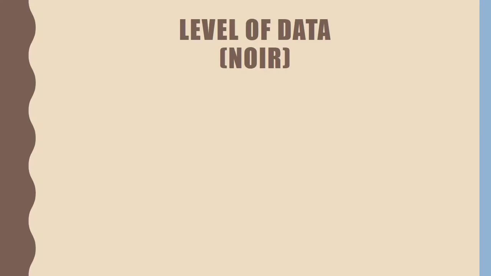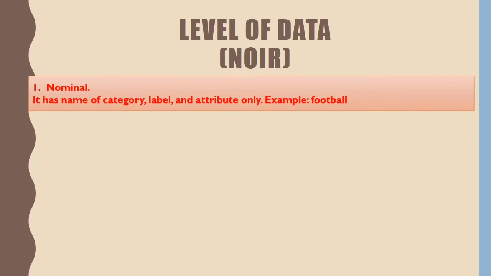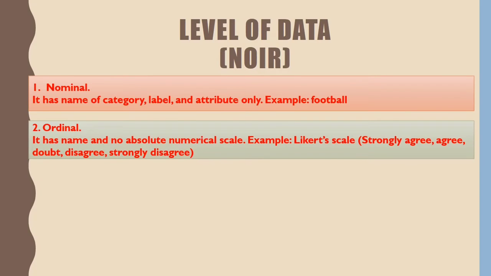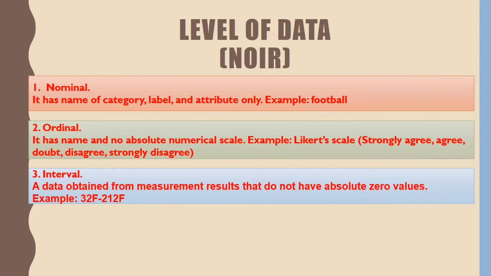And then there are the levels of data, which we can remember as NOIR. For the first, nominal has name of category, label, and attribute only. For example, football. The second is ordinal. It has name and no absolute numerical scale. For example, the Likert scale: strongly agree, doubt, disagree, and strongly disagree. The third, interval, is data obtained from measurement results that don't have absolute zero values.